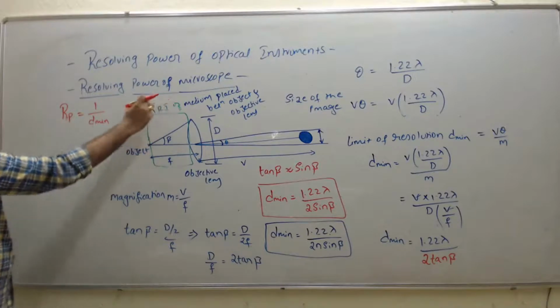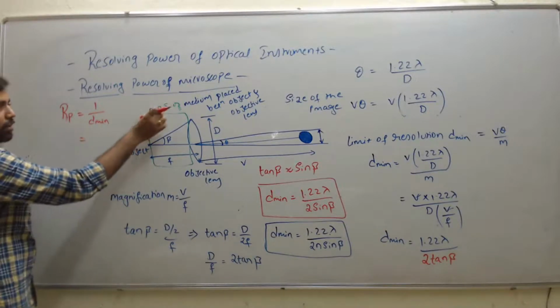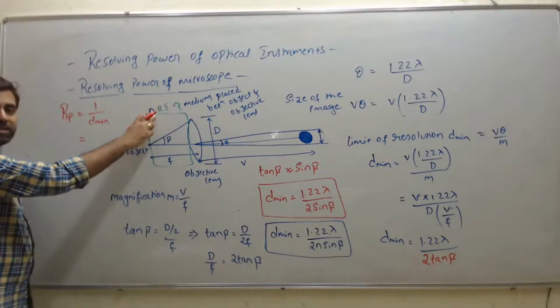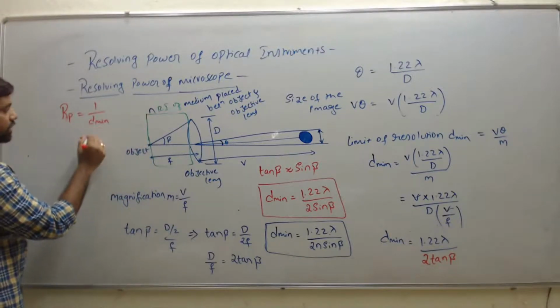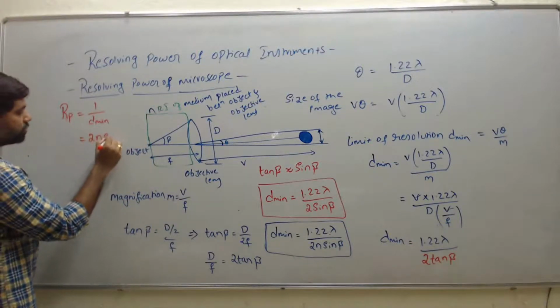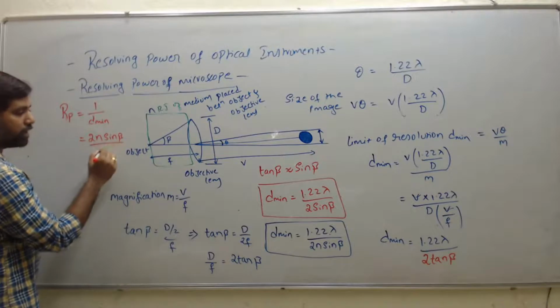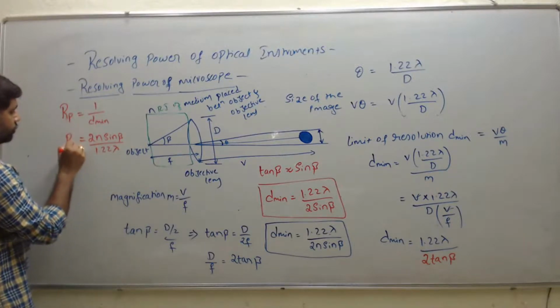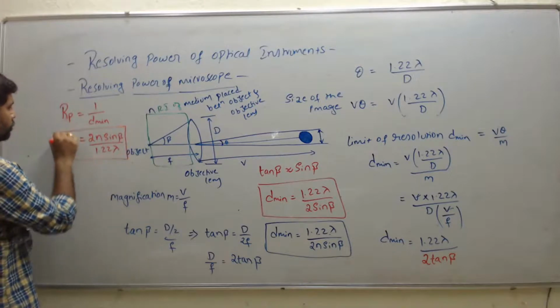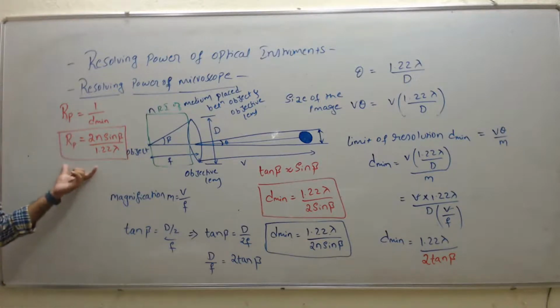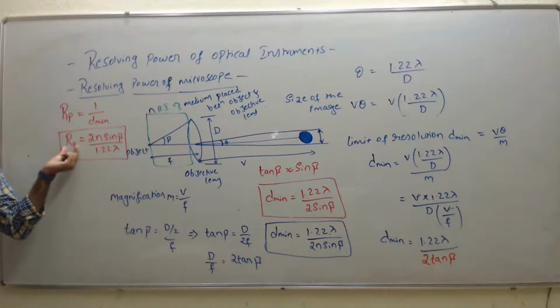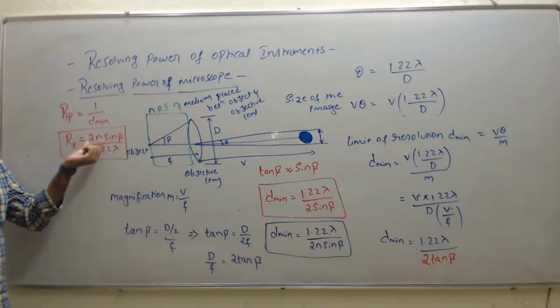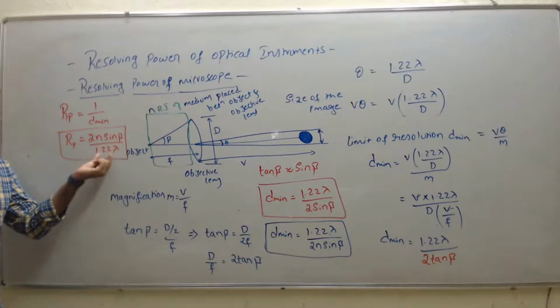When we place the medium with refractive index n, it becomes 2n sin beta divided by 1.22 lambda. So RP represents the resolving power, and the resolving power of the microscope can be written as 2n sin beta divided by 1.22 lambda.